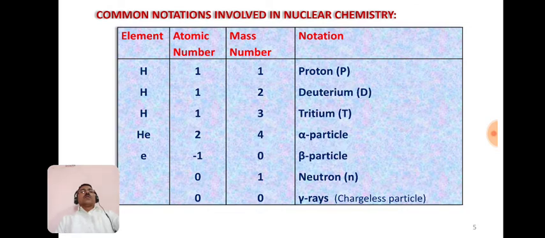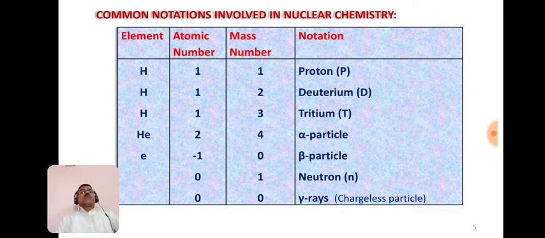When atomic number is 1 and mass number is 2, it is denoted by the capital letter D, and it is known as deuterium. Similarly, when the atomic number is 1 and mass number is 3, it is denoted by the capital letter T, and it is known as tritium.